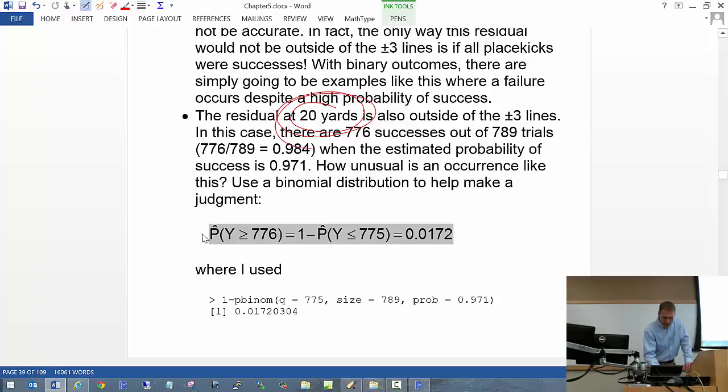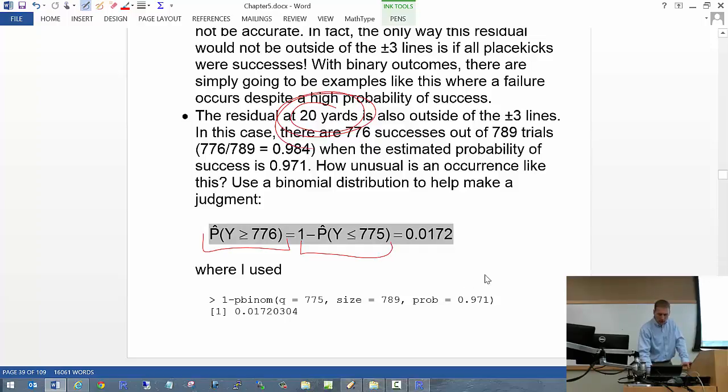So let's say I look at the estimated probability that the number of successes is greater than or equal to 776. Again, it's a measure of how extreme 776 is. That's equal to 1 minus the estimated probability of being less than or equal to 775.